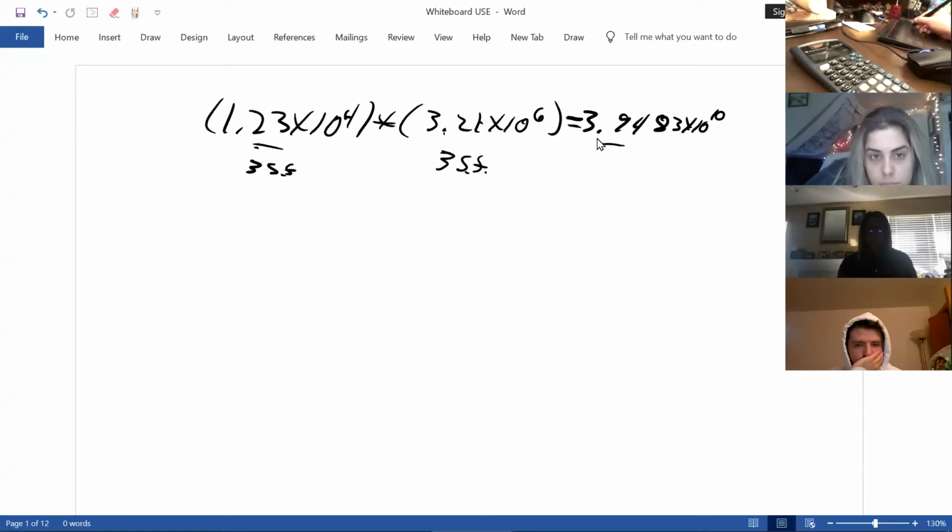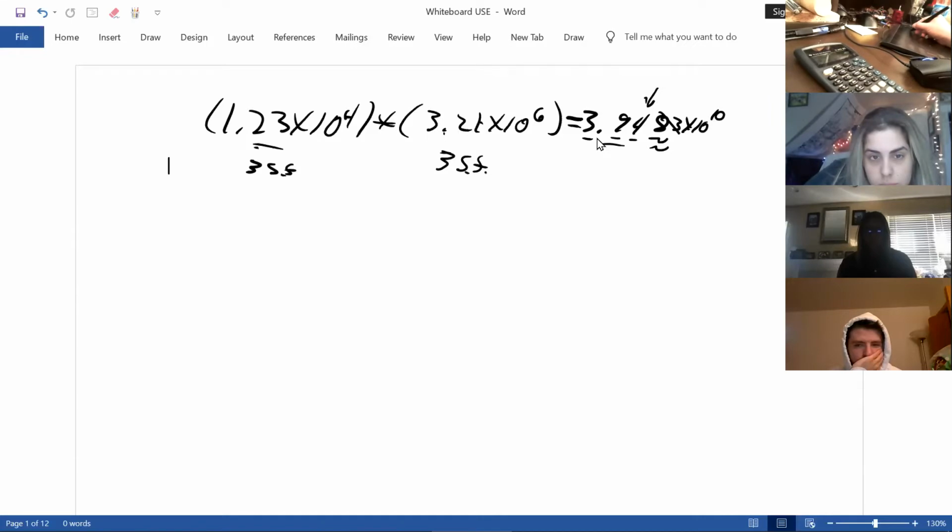So you have to round this off to 3 significant figures. Keep the 3, keep the 9, keep the 4. This is the number to round off. Is that 4 or less or 5 or higher? 5 or higher. Drop that, increase this by 1. This stays the same. So the actual answer on my test for this problem using significant figures and your calculator would be 3.95 times 10 to the 10th.